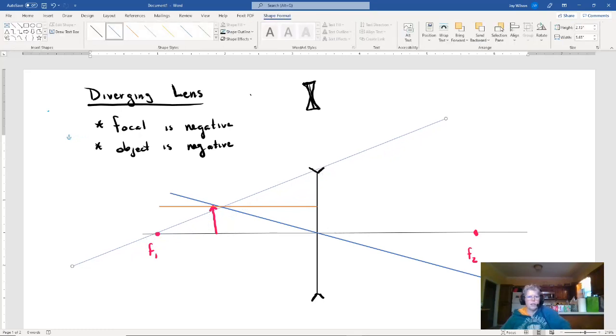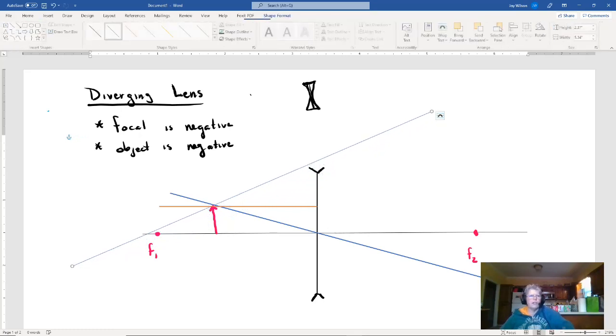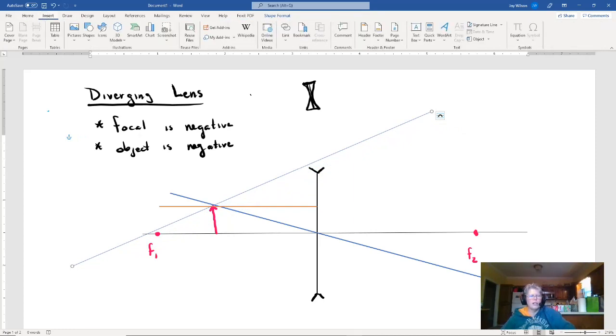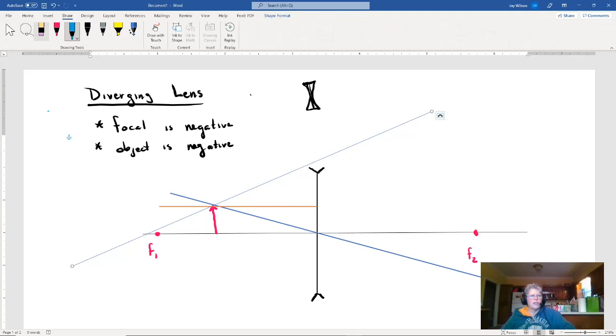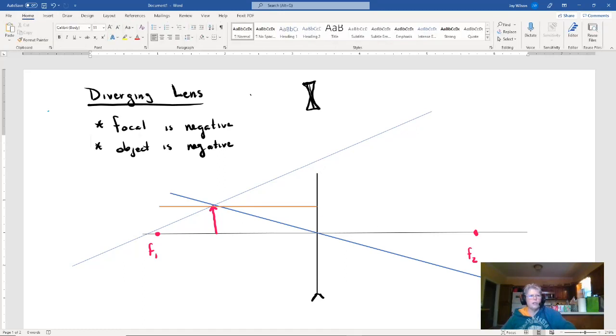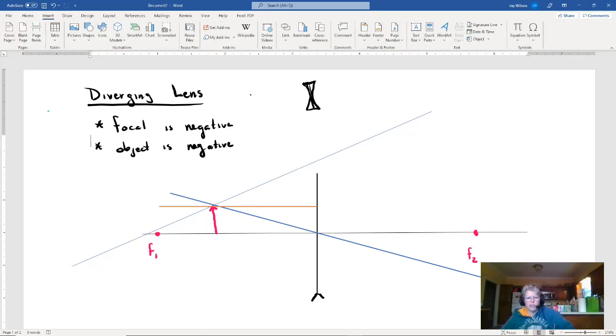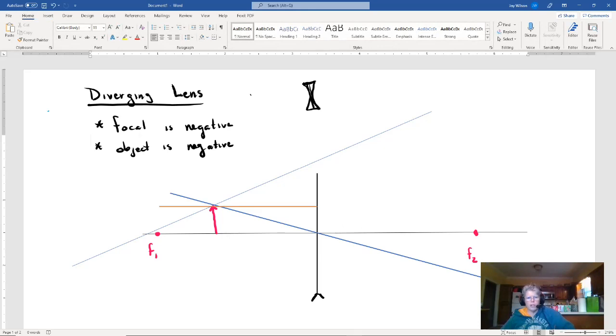Computer's fighting me on drawing these pictures today. I'm going to need this to be a little bit taller. Okay, so let's fix this a little bit. See if I can pick this up.